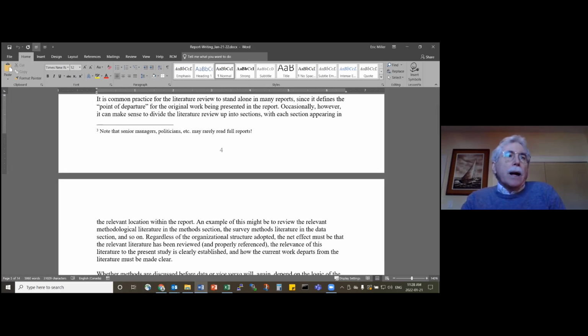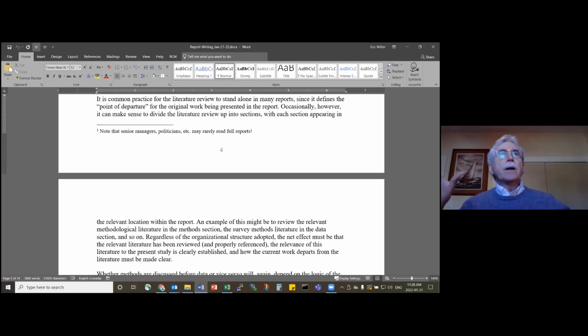Sometimes it makes sense, however, I think, to actually break the literature review up and do it in chunks. This is particularly the case, perhaps, in a thesis or in a big report, where maybe some of the literature relates to the modeling methods we're using, and some of the literature refers to data collection, and some refers to previous findings in the field.